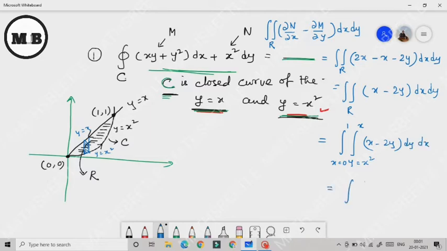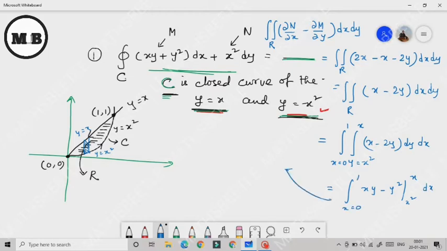Just try to calculate it. You will get x times y minus y square; use the limits and do the rest.